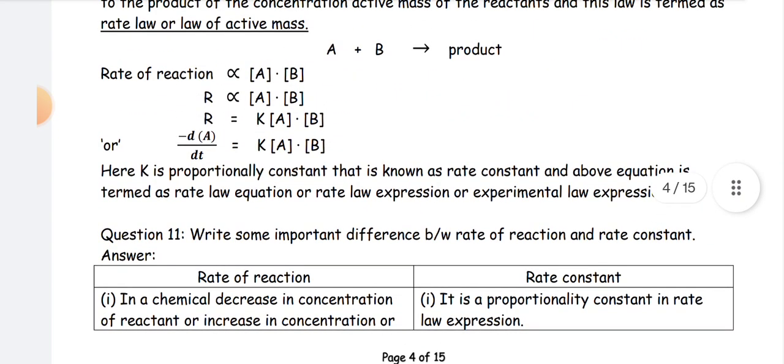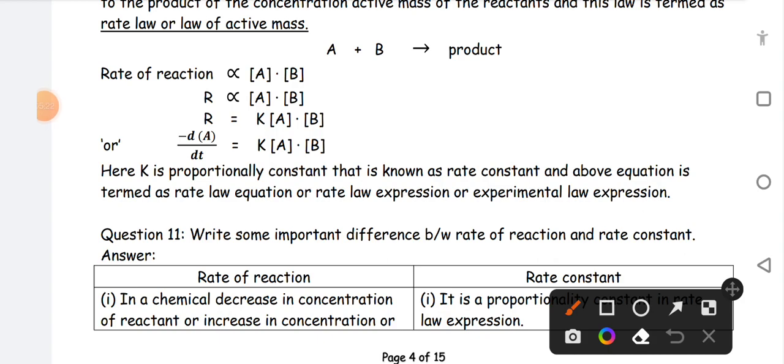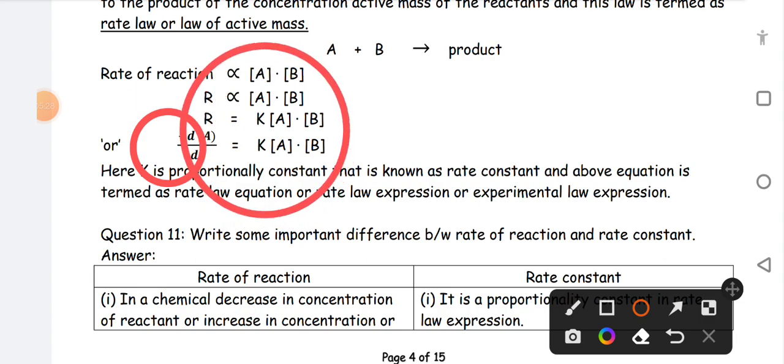This equation, R is equal to K, is the rate law expression.